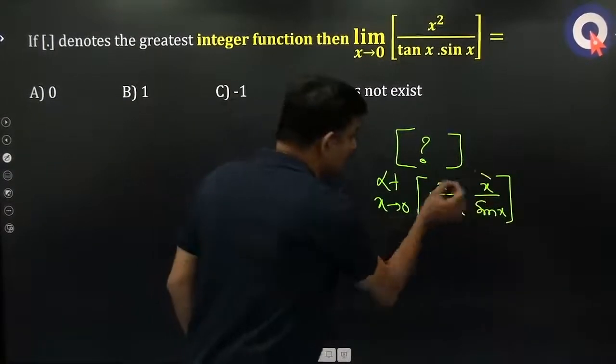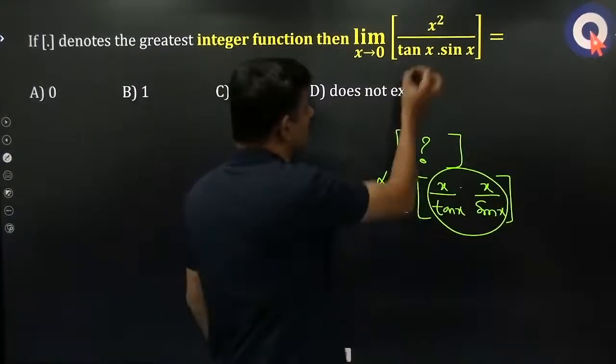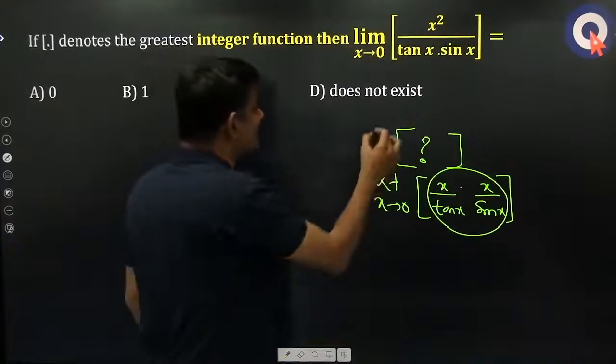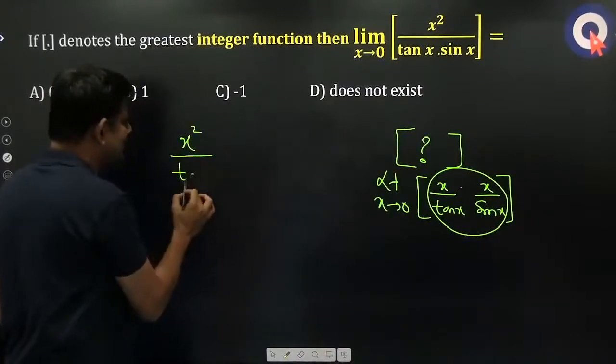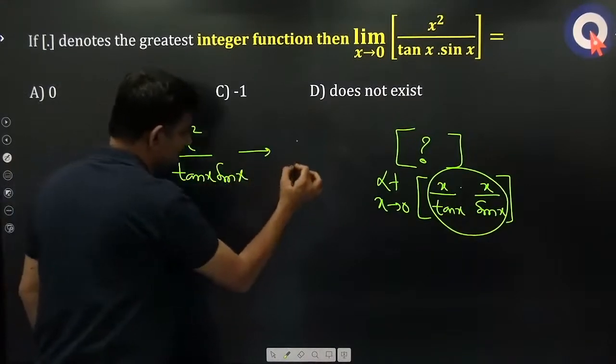So on the whole, this quantity is tending to 1. The quantity inside the integral part is approaching an integer. Which integer? X square by tan x sin x is approaching 1. This part is clear.